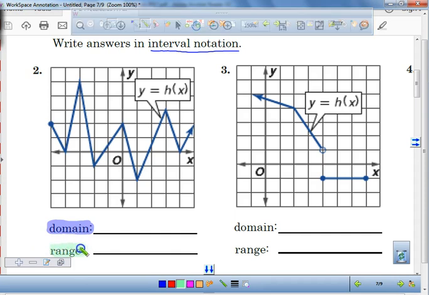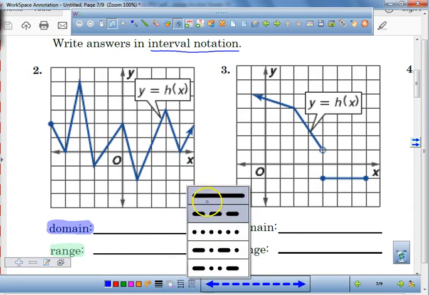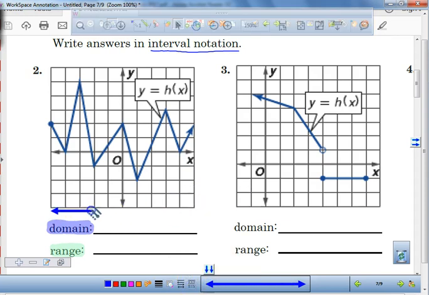Okay, so we're going to go ahead and do that. All right, what I'd like you to do right now is right here on the x-axis, I'm going to make this nice and thick. I want you to draw an arrow going all the way from side to side in blue.